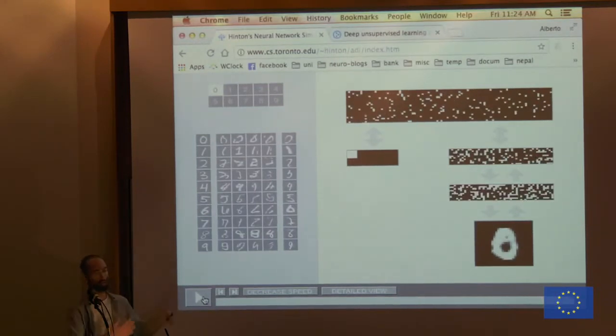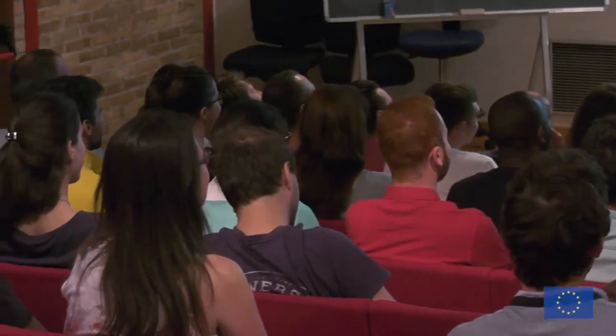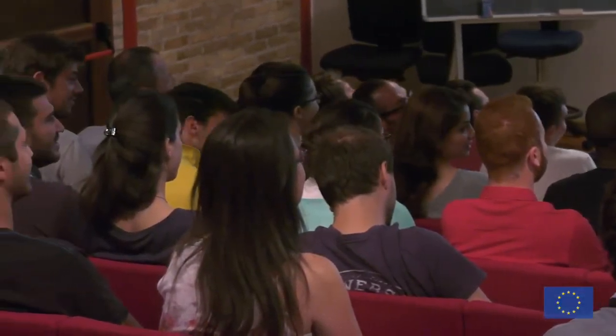It's exploring the space of the possible configurations and is settling down to the most stable one. So I think this is a good example of how generative models, unsupervised networks, are different from supervised networks. With supervised, you can only classify. Here you can also generate the input distribution.